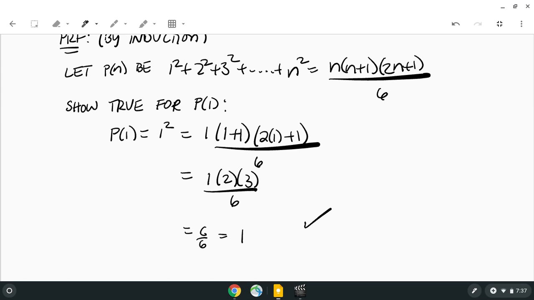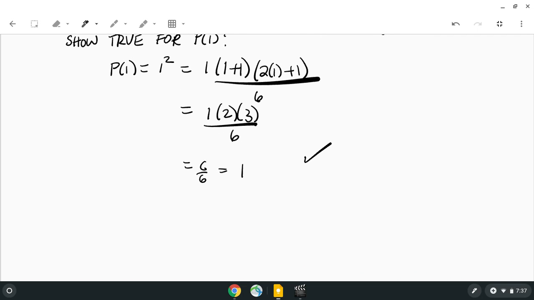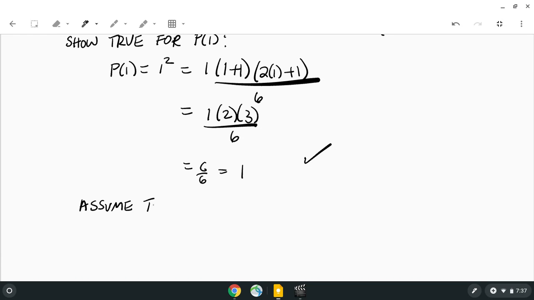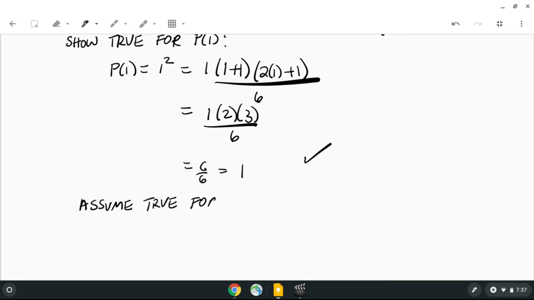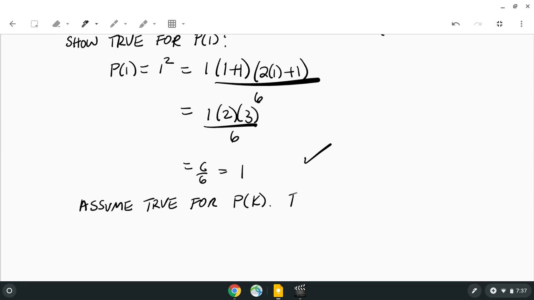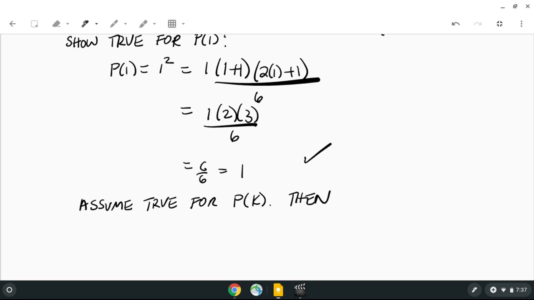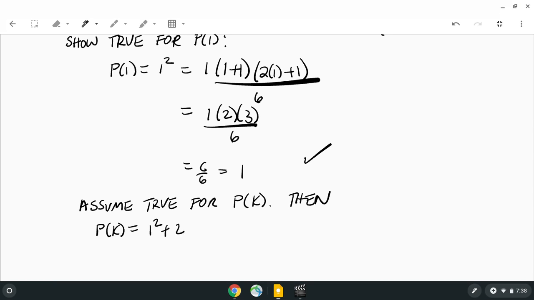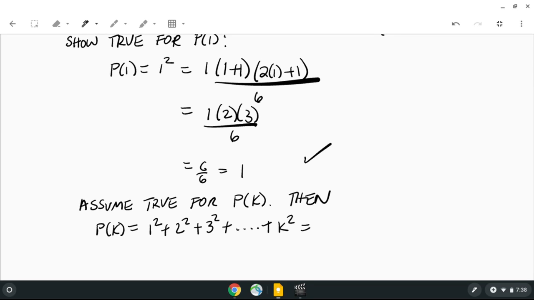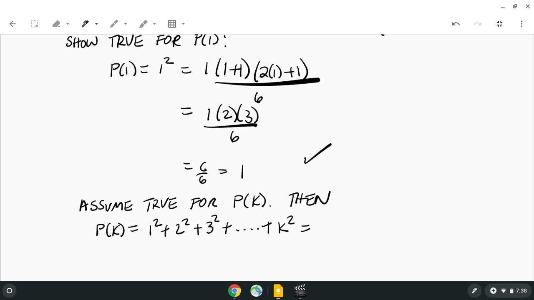All right, so now we assume true for P(k). Then let's write it out, P(k), which would equal 1 squared plus 2 squared plus 3 squared plus ... plus k squared should equal k times k plus 1 times 2k plus 1 all over 6.